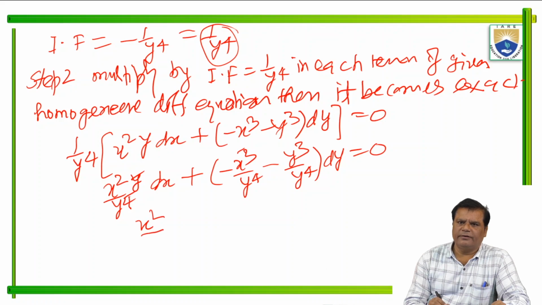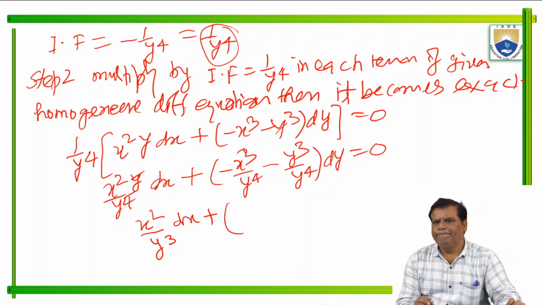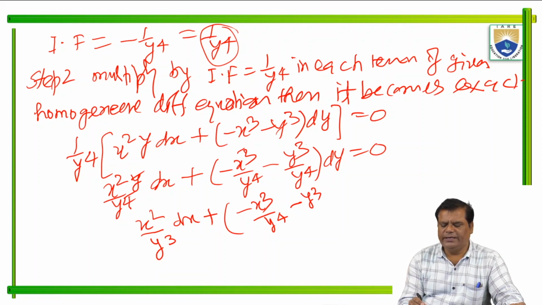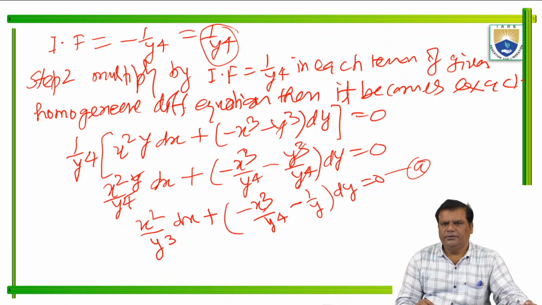X square y cube dx plus minus x cube y4 minus y cube. y is cancelled here, so we write here 1 upon y dy. Okay, this equal to 0. This is equation A. Now this is an exact differential equation.